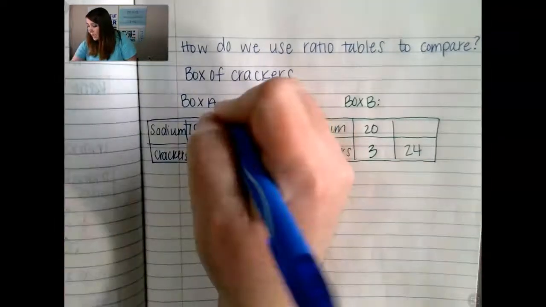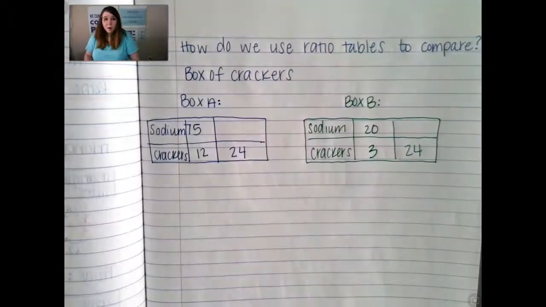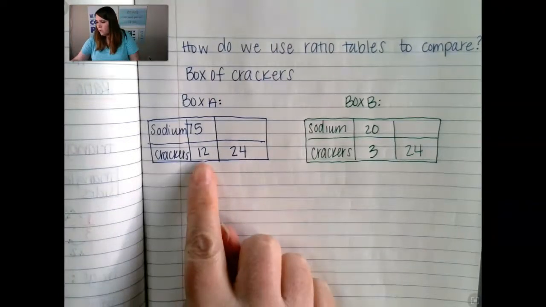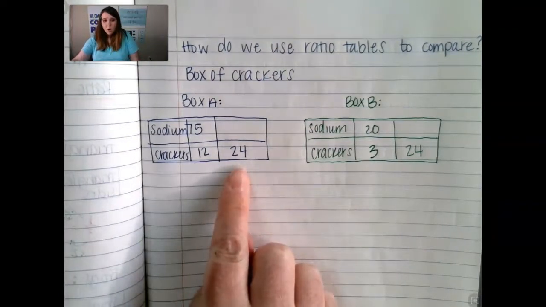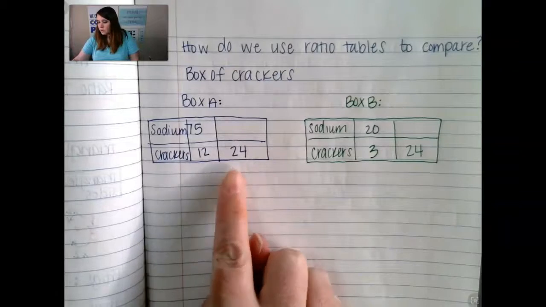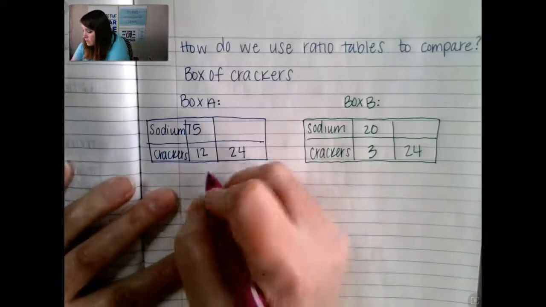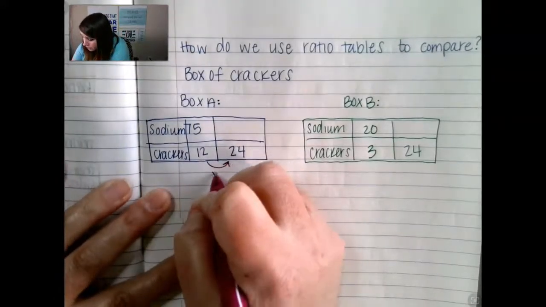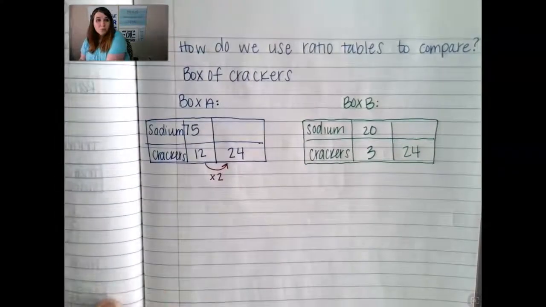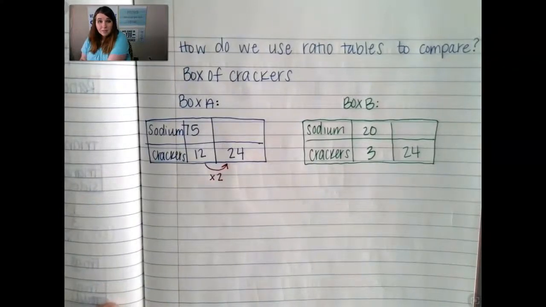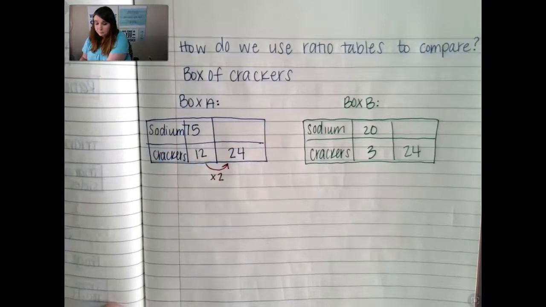So let's take a look at box A and see how we get from 12 to 24. Well, I know to get from 12 to 24, I am going to multiply by 2. If I don't know that in my head, I can use my calculator or long division.